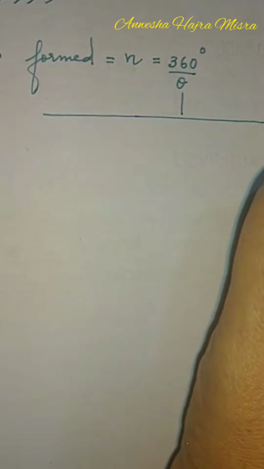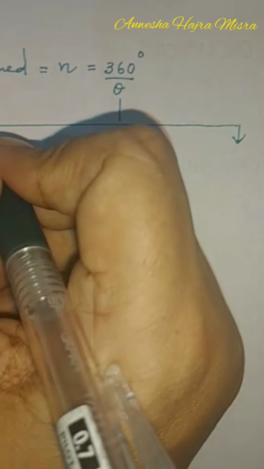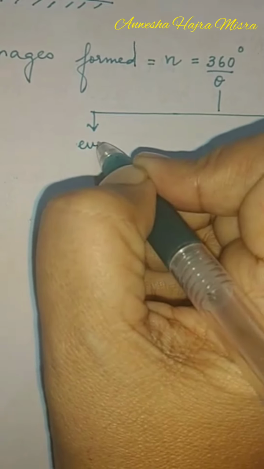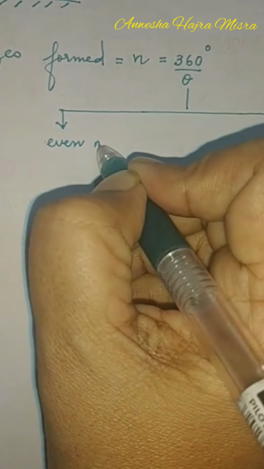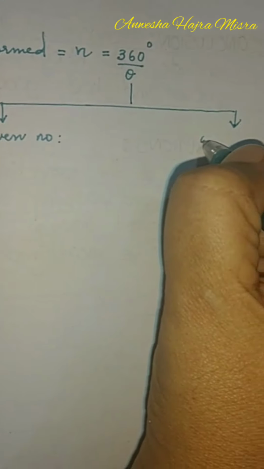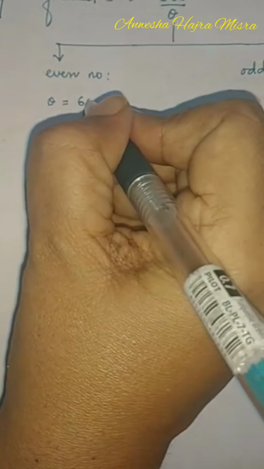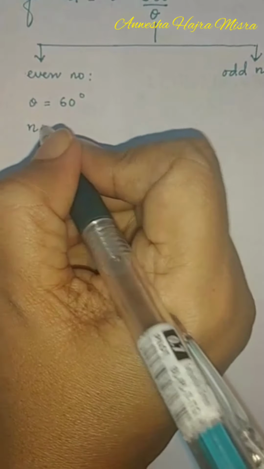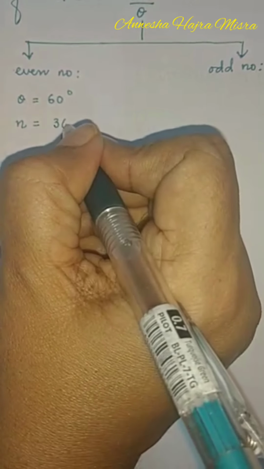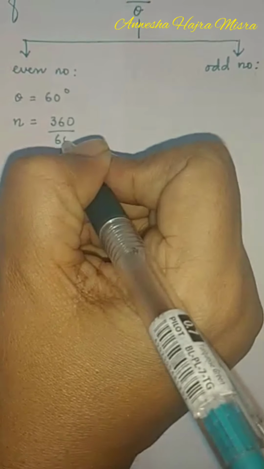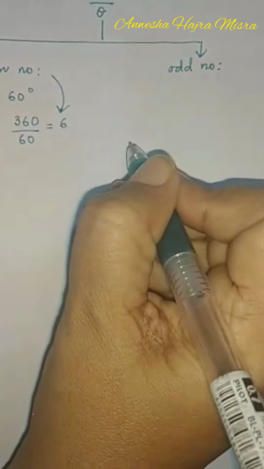Now when you do this, you can come across two terms. Either 360 by theta may be an even number, or it may be an odd number. For example, if theta is 60 degree, then number of images formed is 360 by 60, which is 6. 6 is an even number.